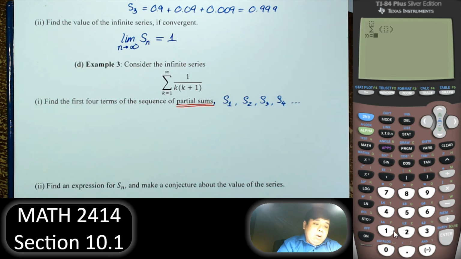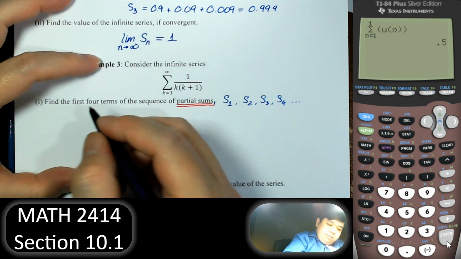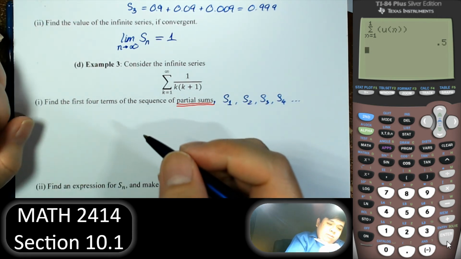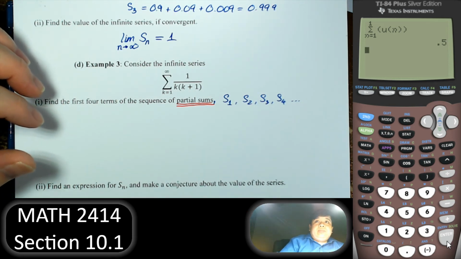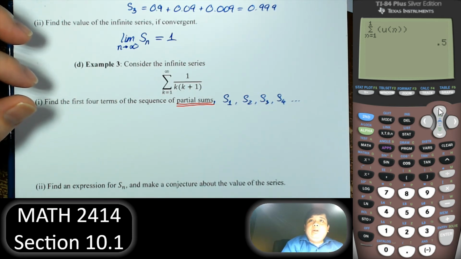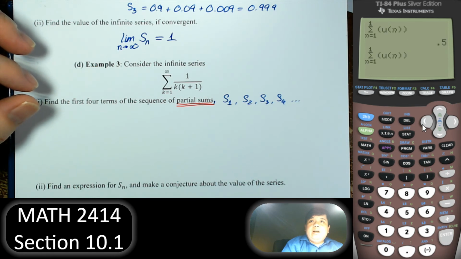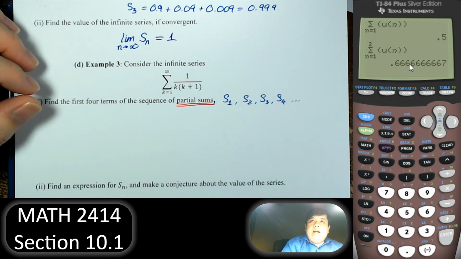And now with the first 4 terms, so we start from 1 to 1, and then we just have the use of n. So the first one is 1/2. And then if we want to, let's just do that again. This time we go to 2, and that is 2/3.